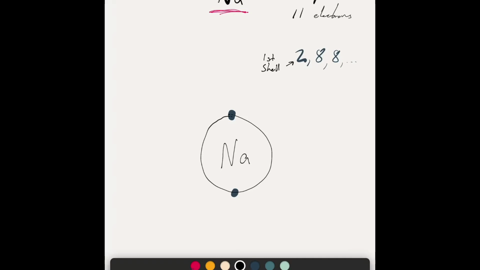Okay. Then I need to draw my second shell. Like this. Not a perfect circle, but pretty good. And I need to think how many electrons are going to go on this next shell. Well, it's not always going to be 8, because 8 tells me the maximum number that it can fit.